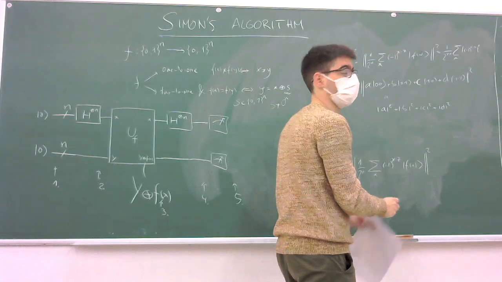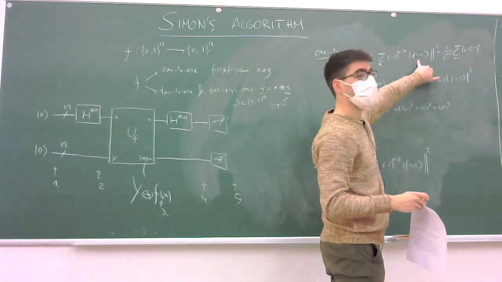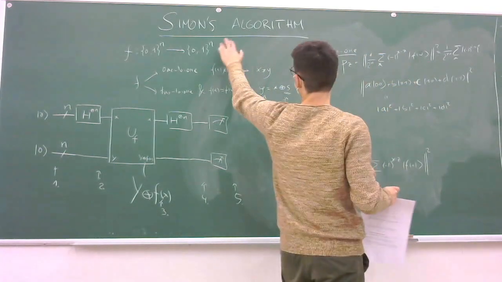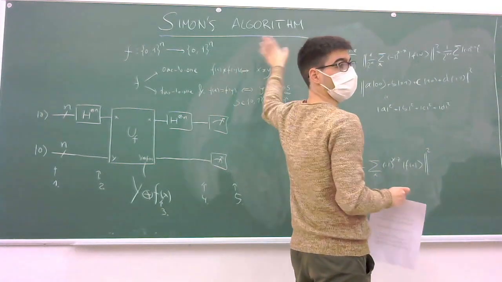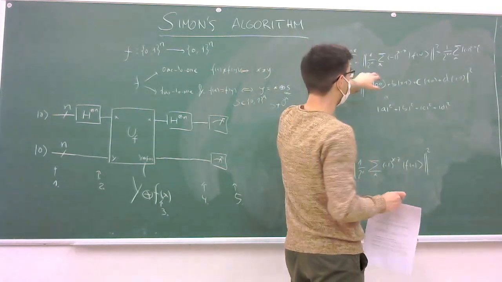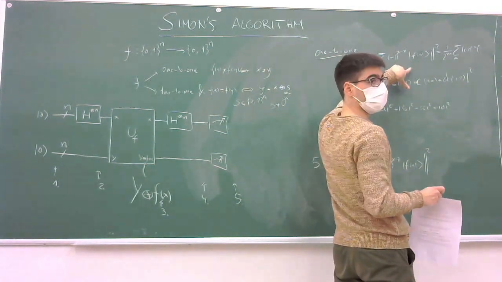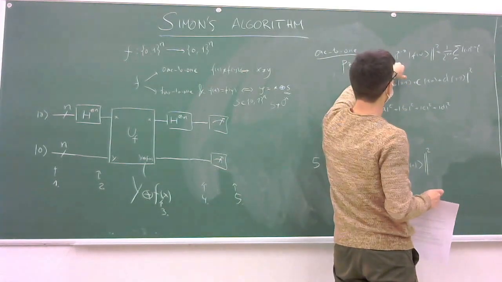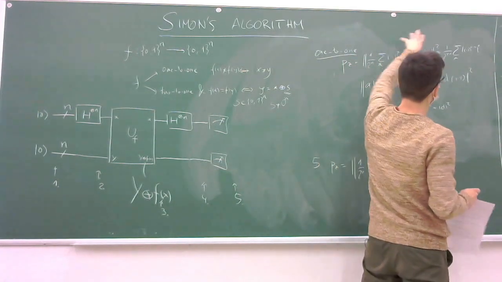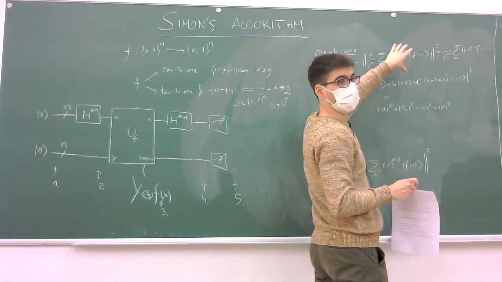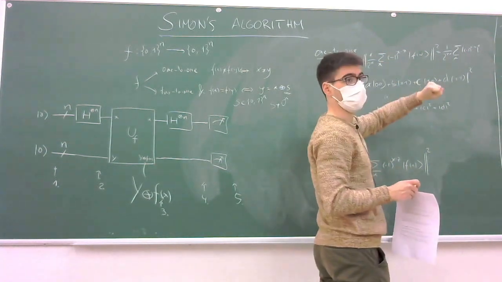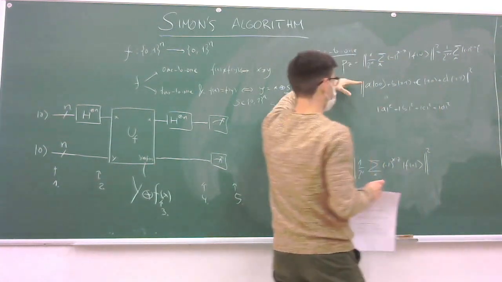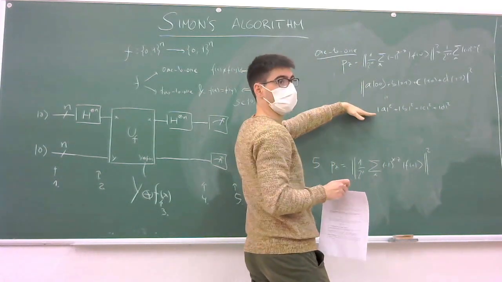So the same happens here. If every f of x is different and you have all of the output state there, then the norm of this vector will be the sum of the amplitude of each of the components, because they form an orthonormal basis also.